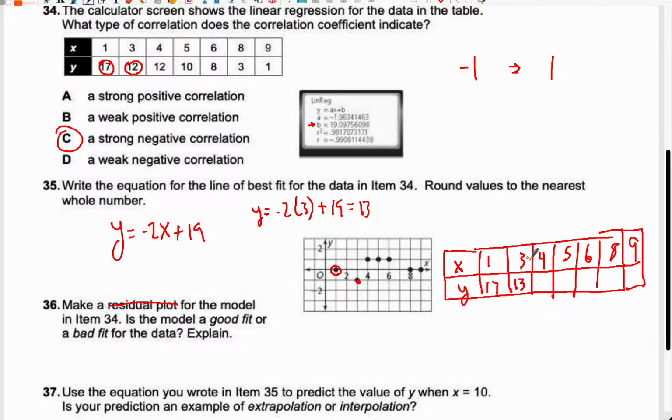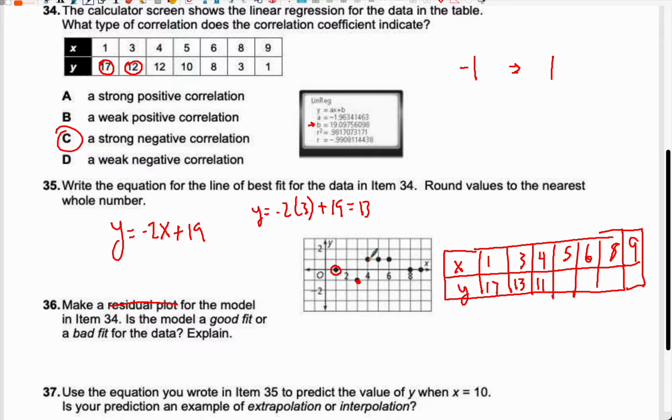All right. So what is this one? Well, I got to put a 4 in. Negative 2 times 4 is negative 8. Negative 8 plus 19, that's 11. So the equation says it should be 11, but my actual data was 12. 12 is 1 bigger than 11.